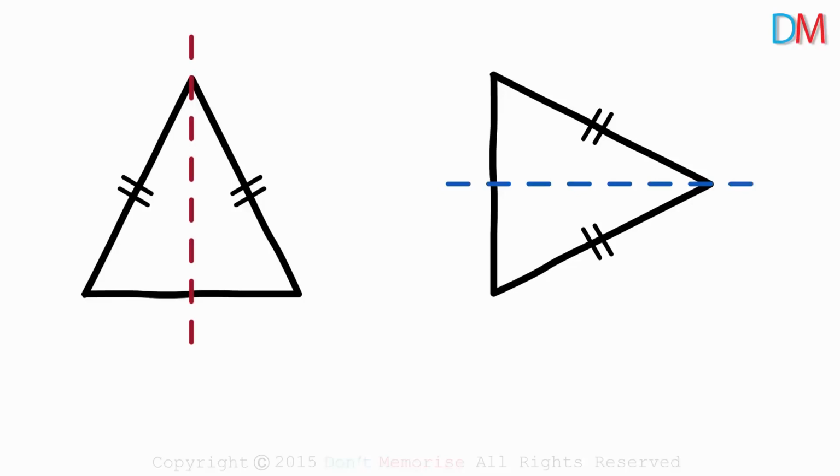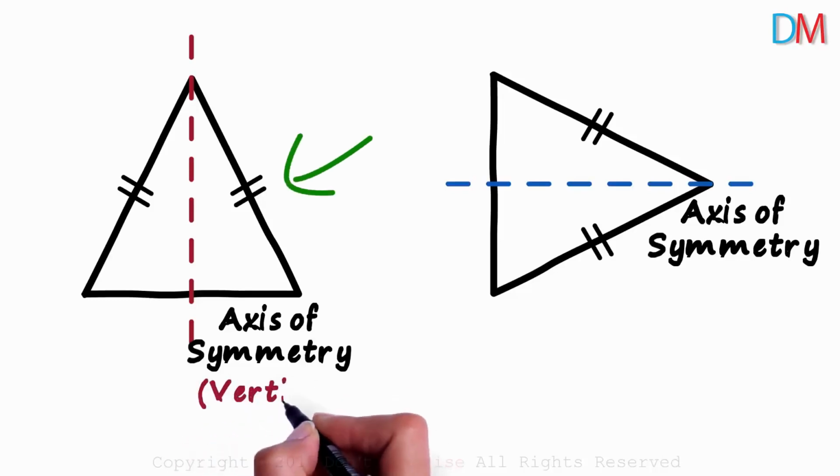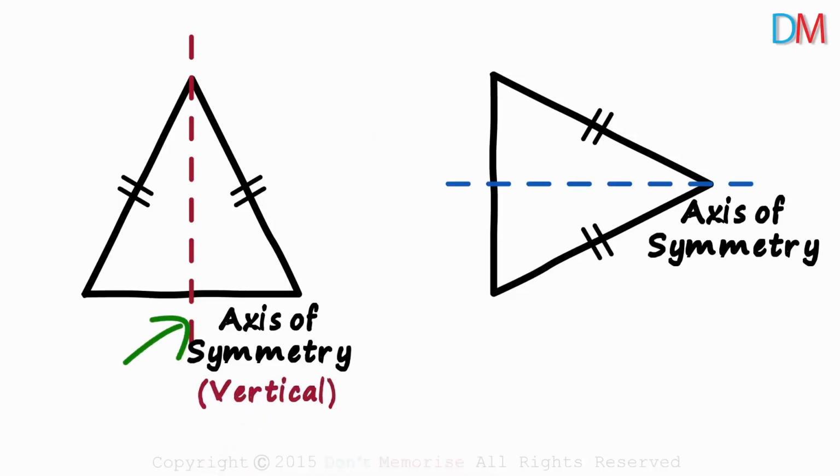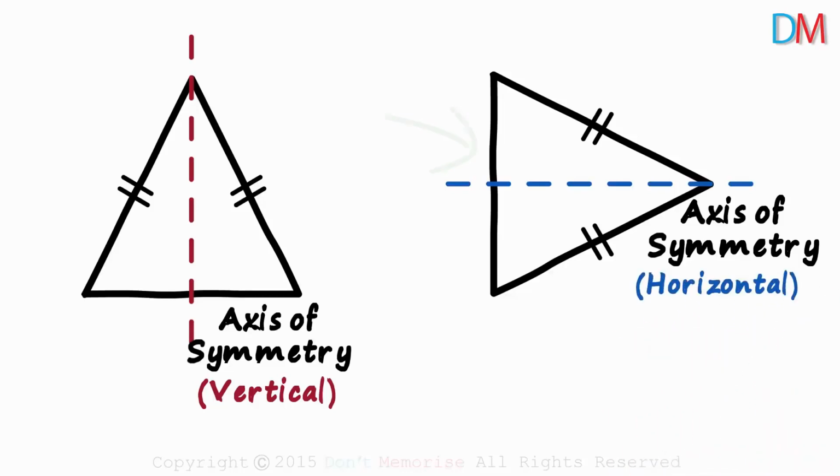When one is folded or flipped, it overlaps exactly over the other. Both these lines we see here are called the lines of symmetry or the axes of symmetry. This triangle has a vertical axis of symmetry as this line is vertical, and this one has a horizontal axis of symmetry as this line is horizontal.